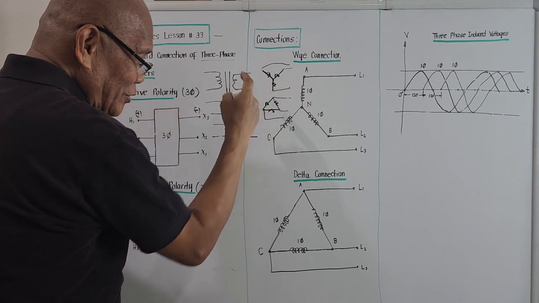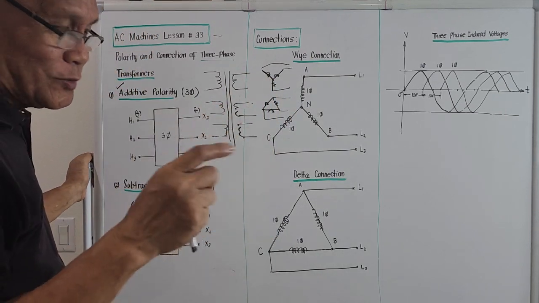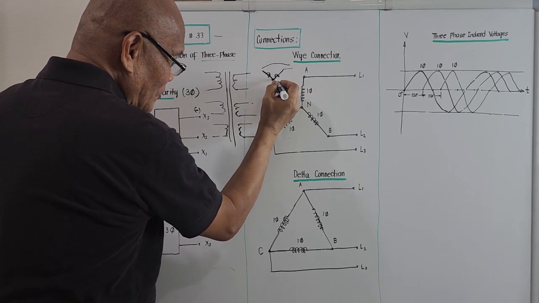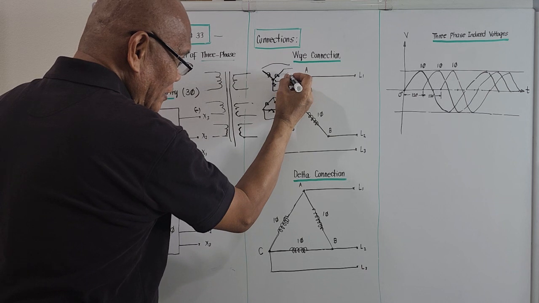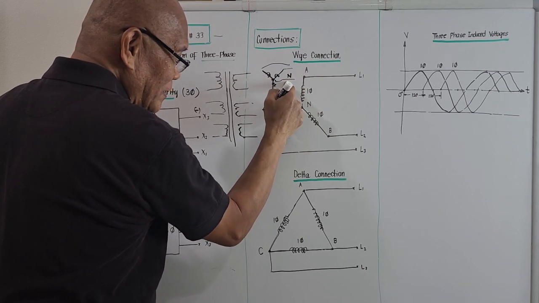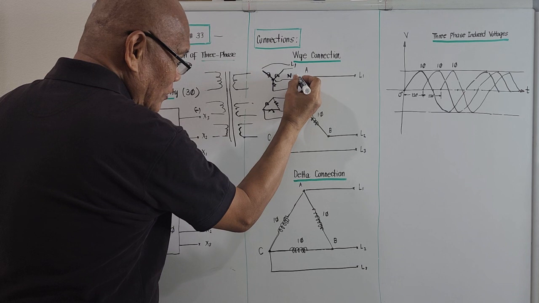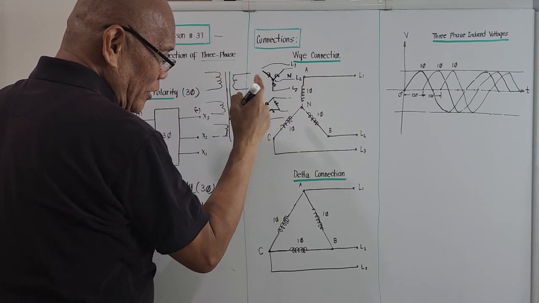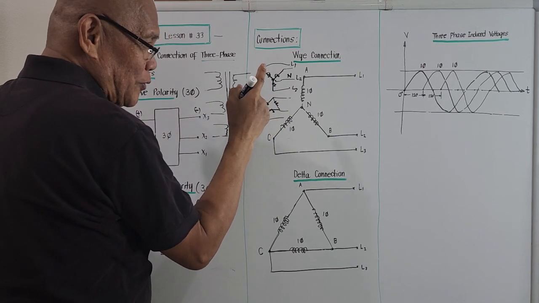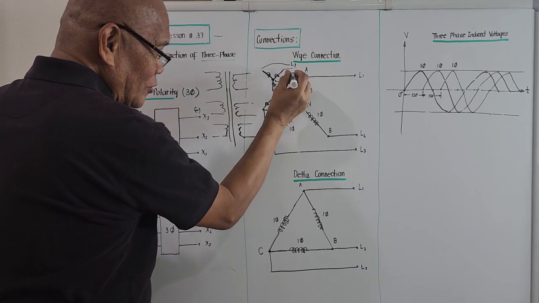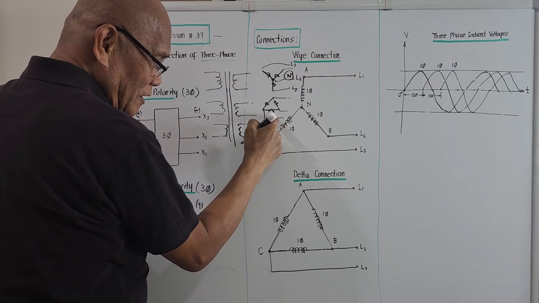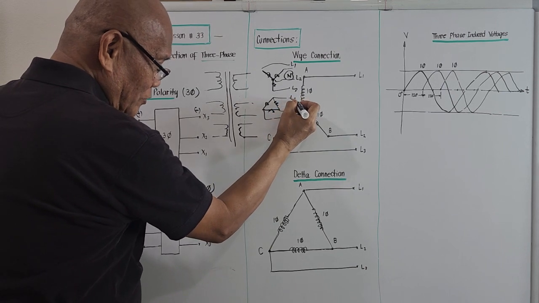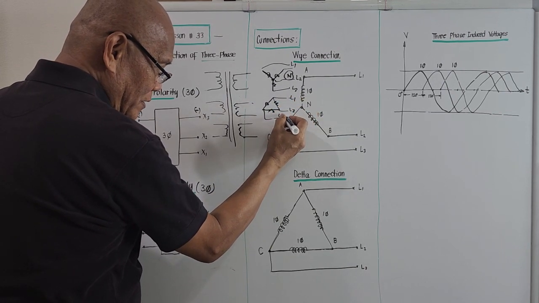But for a Y connection, we get a common point at the middle, and sometimes they bring out a wire from it and call it the neutral line. Line 1, line 2, line 3. For a Y, there's a fourth wire, the so-called neutral line. For a delta, there is no neutral line. It's just three lines: line 1, line 2, and line 3.